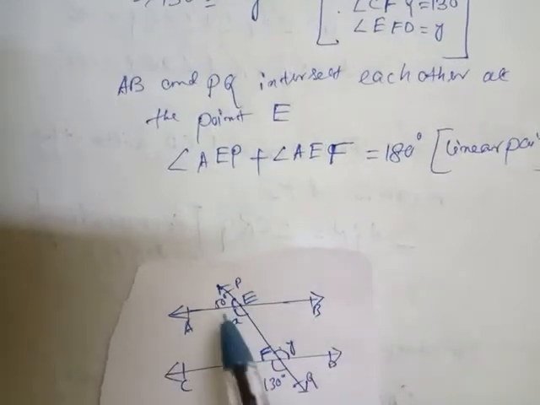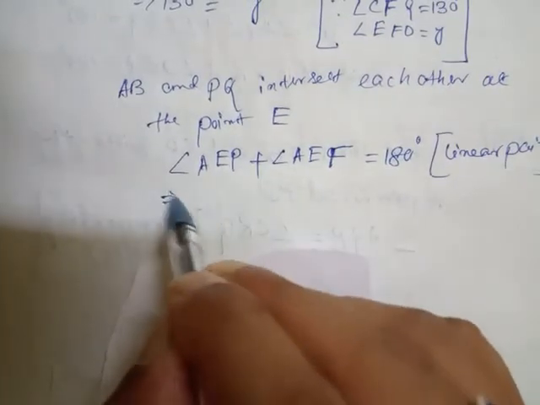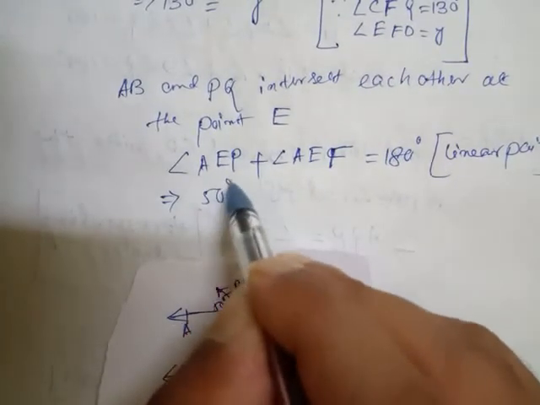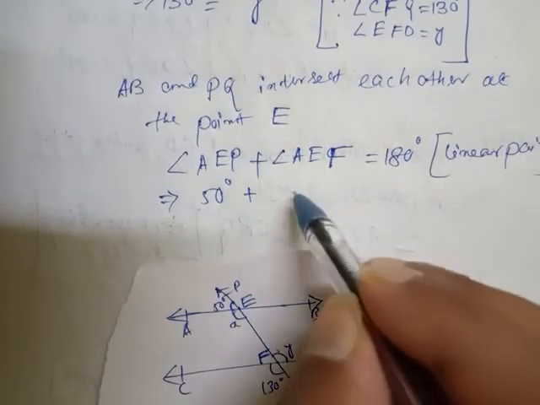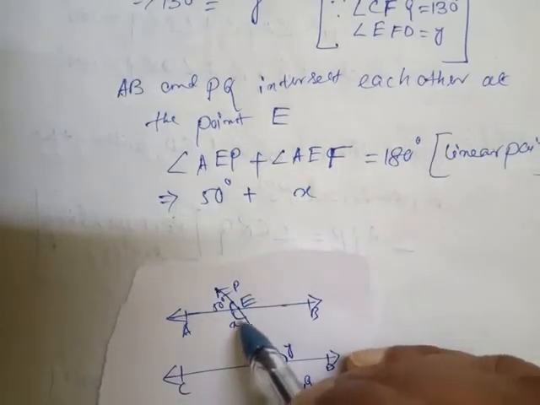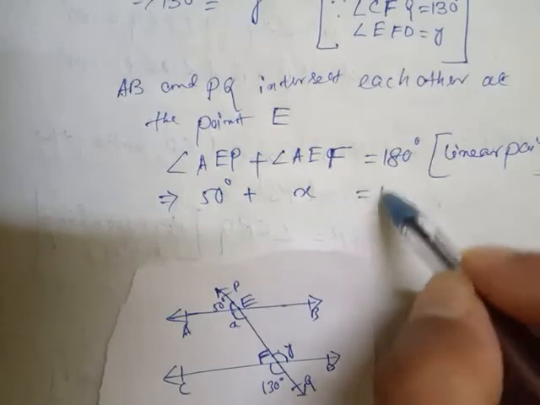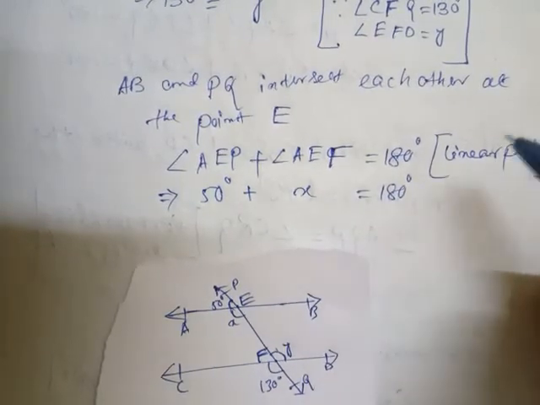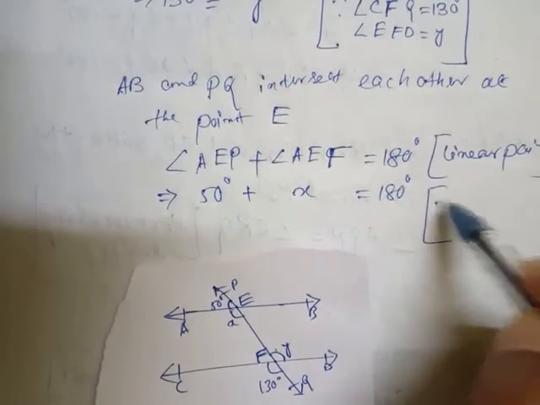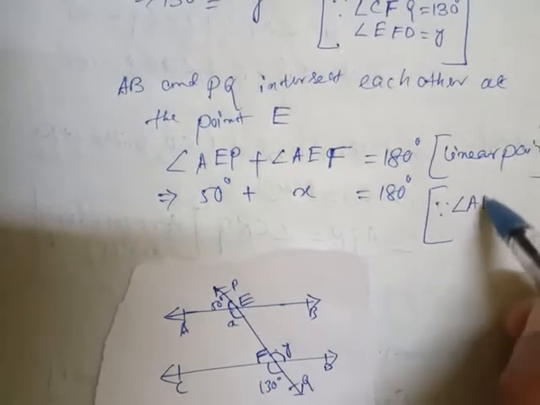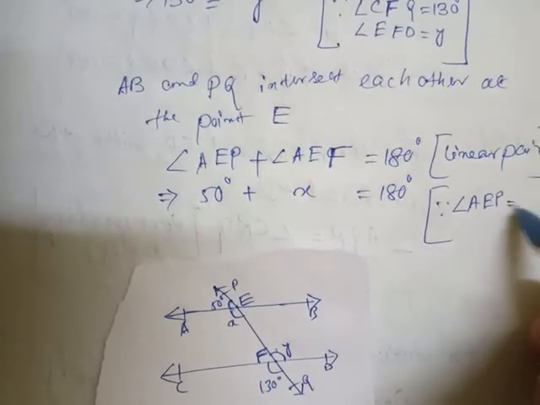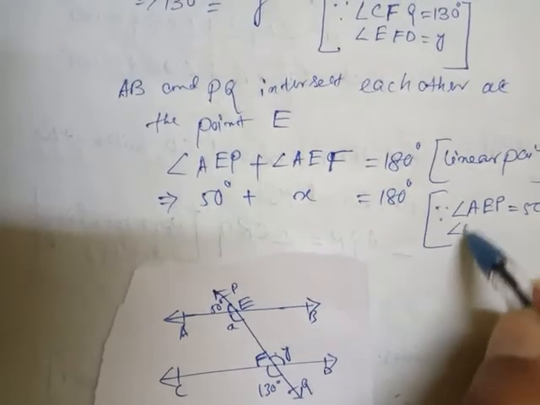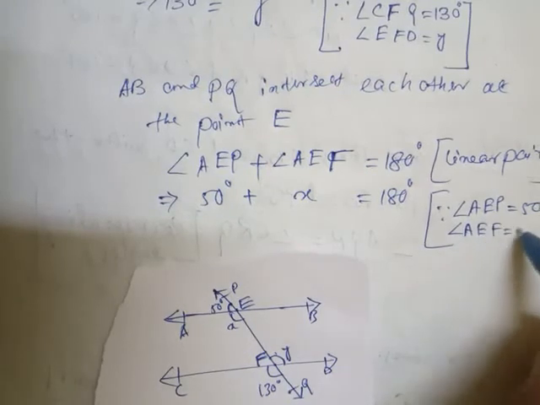Now what is the value of AEP here? 50 degrees. So we'll write down here angle AEP equal to 50 degrees, and angle AEF is equal to x, and the sum is 180 degrees. We'll write down the reason: since angle AEP is equal to 50 degrees and angle AEF is equal to x.